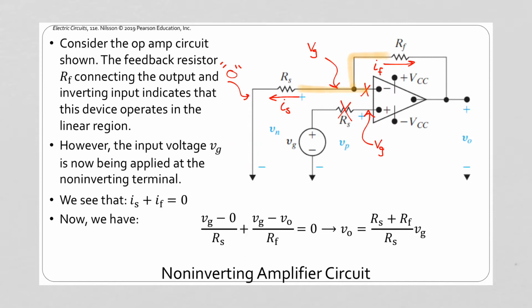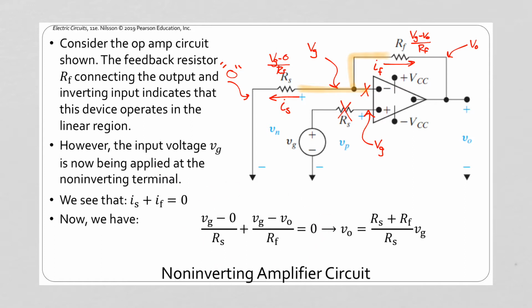This voltage here is V out, the output voltage, because that's where we're measuring our output from, and so our currents are going to be VG minus zero over that source resistance, and over here our current is going to be VG minus VO over RF, if we're going for voltage difference divided by resistance. And so our KCL equation can be rewritten as thus.